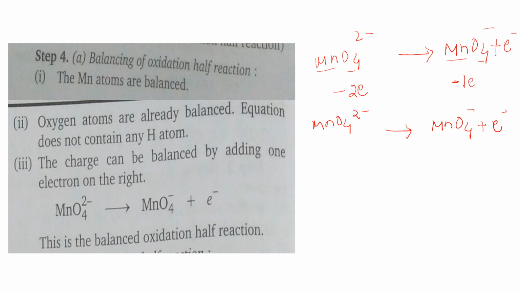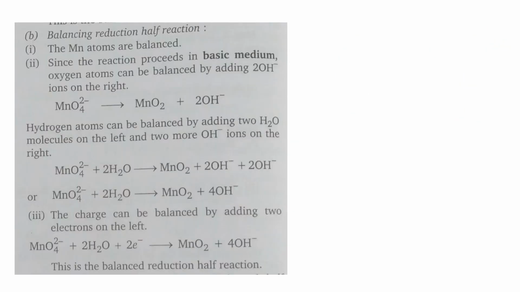Okay. Next, I have to balance the reduction half reaction. Now, for the reduction half reaction, it is MnO4 2 minus giving MnO2. Now, manganese is balanced, no problem. Oxygen, here it is 4, here it is 2. So, I have to add 2 OH minus in the right hand side because the right hand side is deficient.